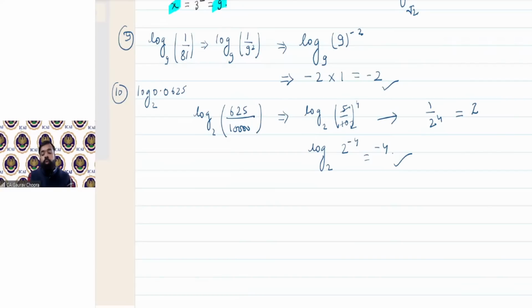As soon as we take 2 in the numerator, the power will change the sign. It will become 2 to the power of minus 4. Those students who have not covered indices yet will find difficulty in these types of calculations. So it is better to cover the laws of indices today itself so that you can easily solve such power based questions.